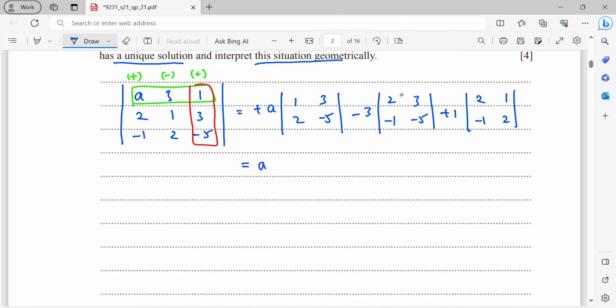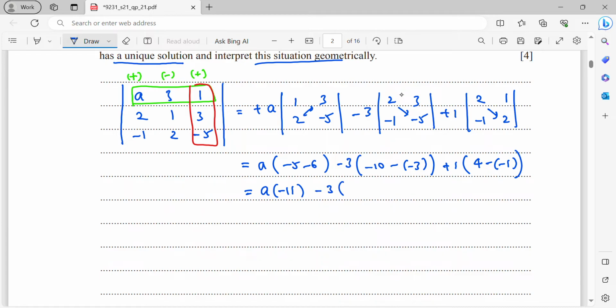Here you can just use cross multiplication. So 1 times minus 5, I get minus 5, then minus 2 times 3, so minus 6, which gives minus 11. For the next one, 2 times minus 5 is minus 10, minus 3 times minus 1, which is minus 3, so minus 10 plus 3 is minus 7. Then plus 1, with 2 times 2 is 4, then minus 1 times 1 is minus 1, so 4 minus 1 is 5.